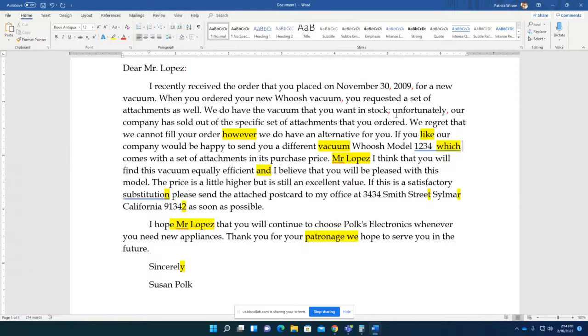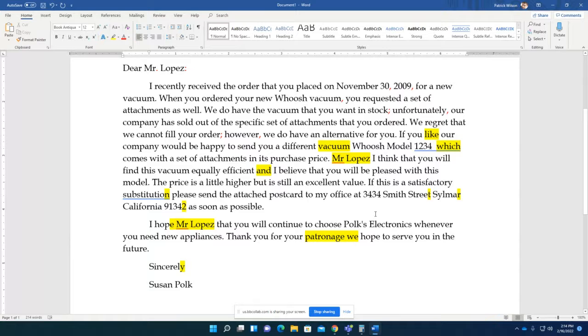Same thing with however in the next sentence. It's still acting as a transitional word in the middle of the sentence. So again, you need to have a semicolon before however and a comma after it. And that will solve that issue as it relates to punctuation.